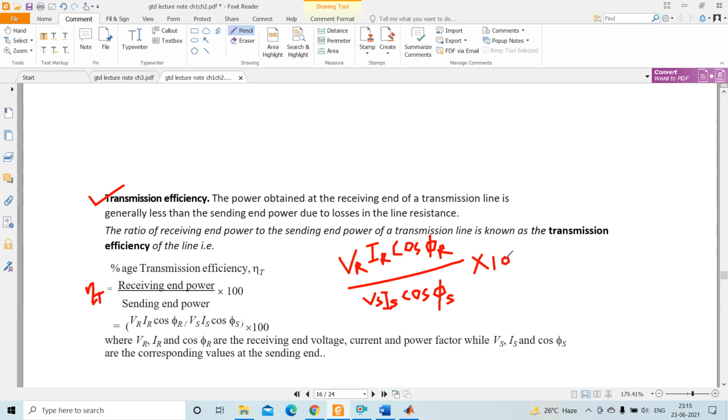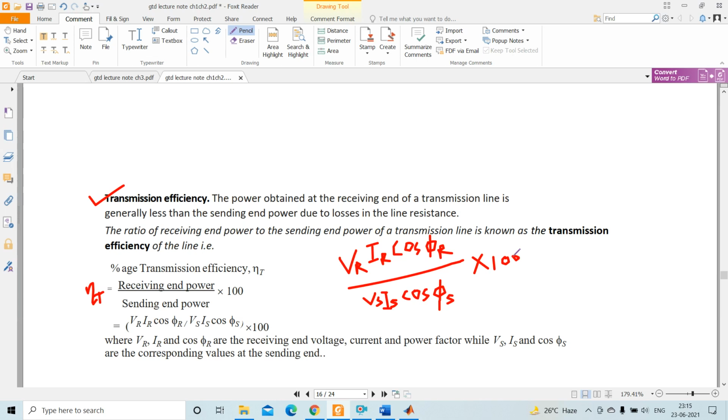So this is the transmission efficiency, where VR, IR and cos phi r are the receiving end voltage, current and power factor, and Vs, Is, cos phi s are the sending end voltage, current and power factor respectively. So this is all about voltage regulation and efficiency of transmission.